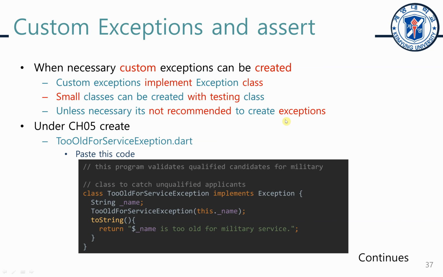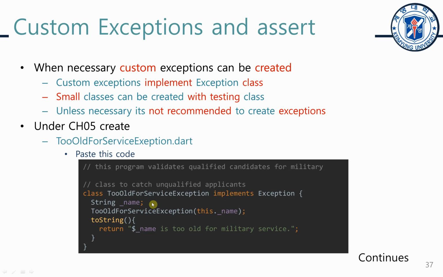But suppose you want one, you can create your own. So in this case, what type of exception do we want? We want an exception that will tell us some person is too old for a service. So we have a string instance variable name, and TooOldForServiceException. This is the name of our class.